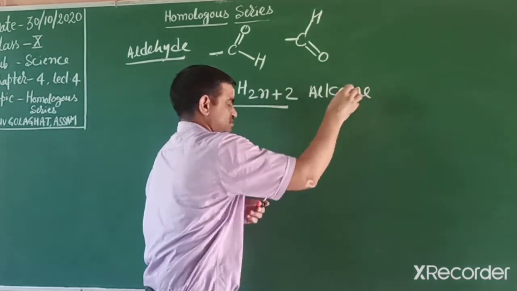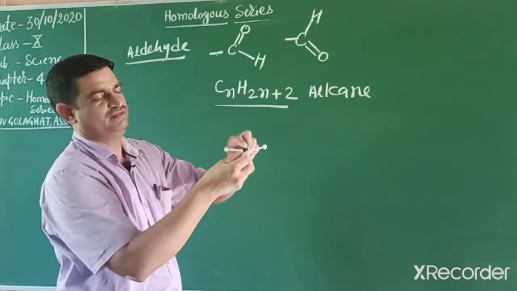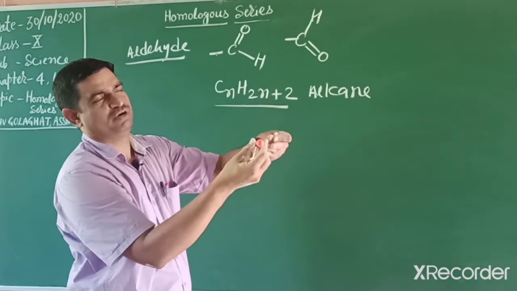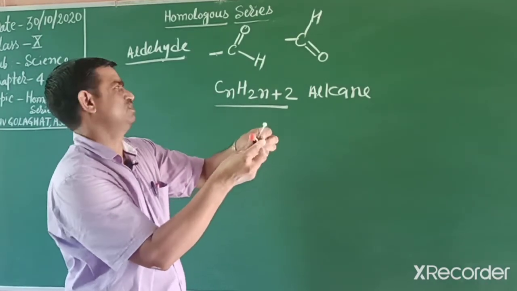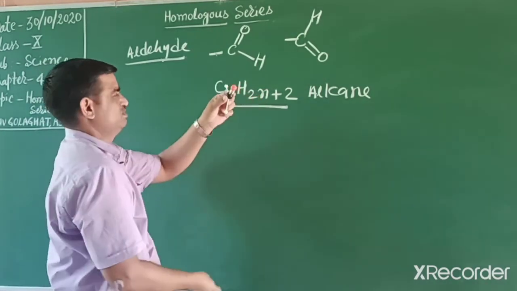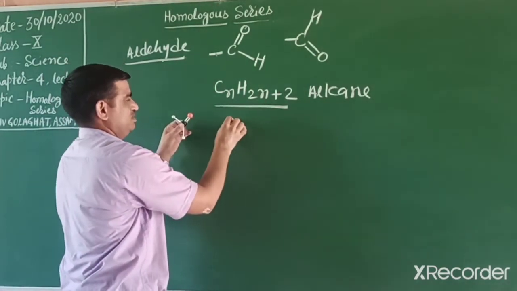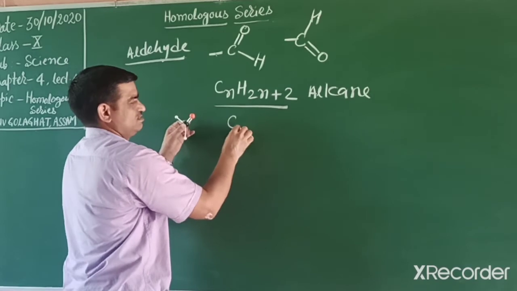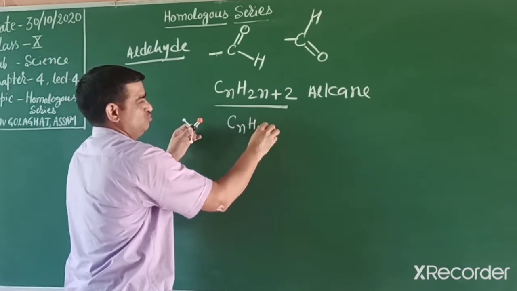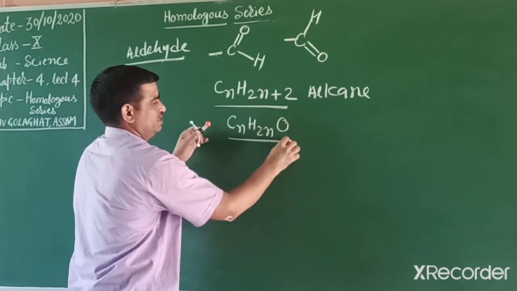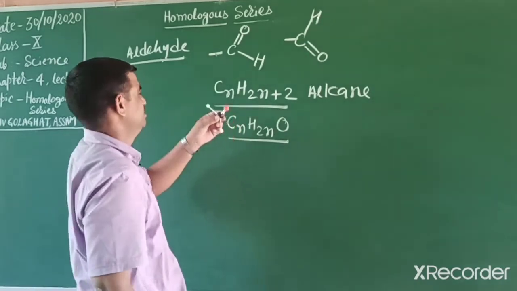In this alkane, what do we do? We remove 2 hydrogens and add 1 oxygen. So its general formula we can write as CnH2nO for aldehyde.